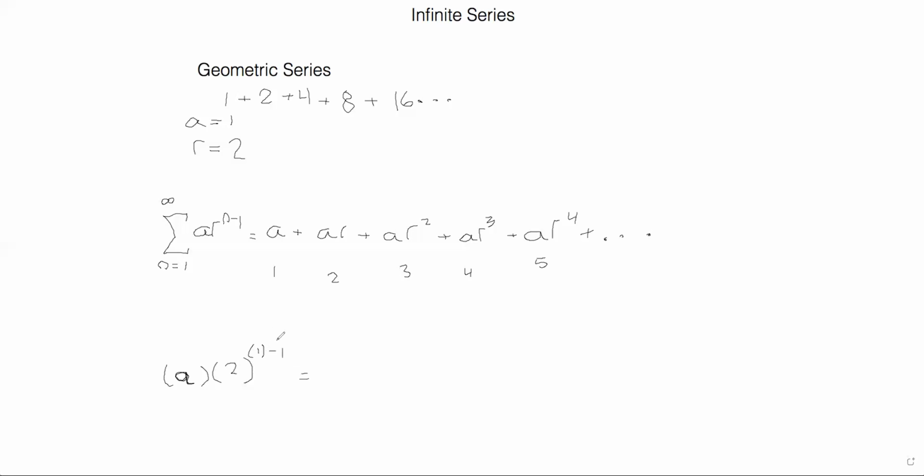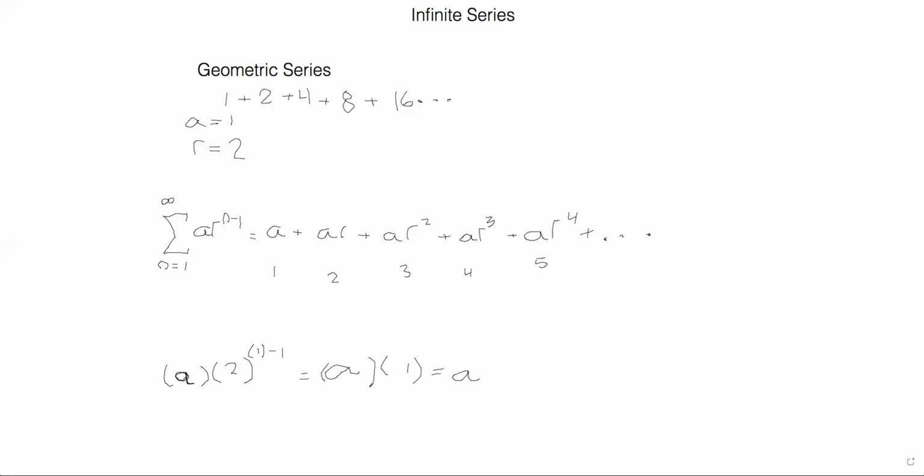We have 1 minus 1. That just says we have 2 to the 0 power. And then anything to the 0 power is 1. So 2 to the 0 power is 1. So what that means is that we really just have a times 1, so just a. And we want to make sure this is accurate. We want to make sure that this is truly the first element in the sum, and it looks like it is. So we tested this, and we got exactly what we expected, so we know we did it right.